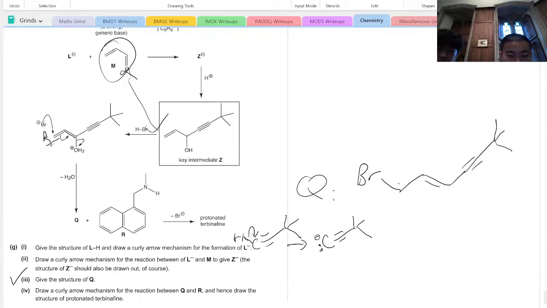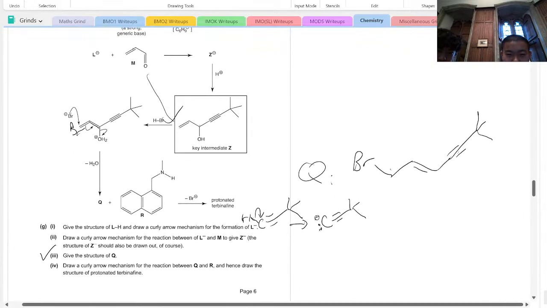Oh wait, it's still minus. Now the thing is, I think the minus gets transferred. Wait, where does the O come from? Oh, the O is here. I think the minus gets transferred onto the O. Yeah. Good guessing.